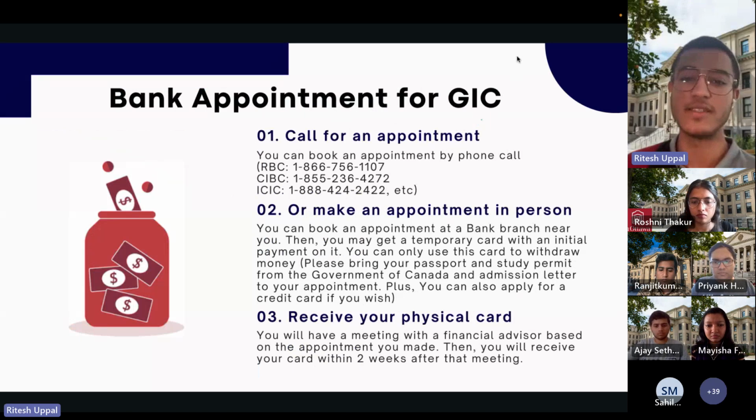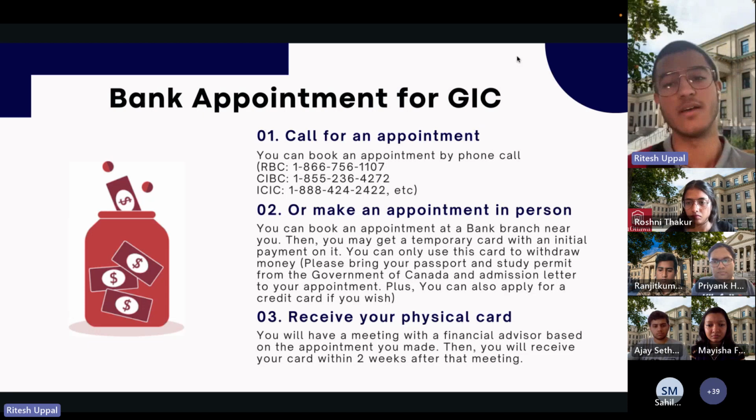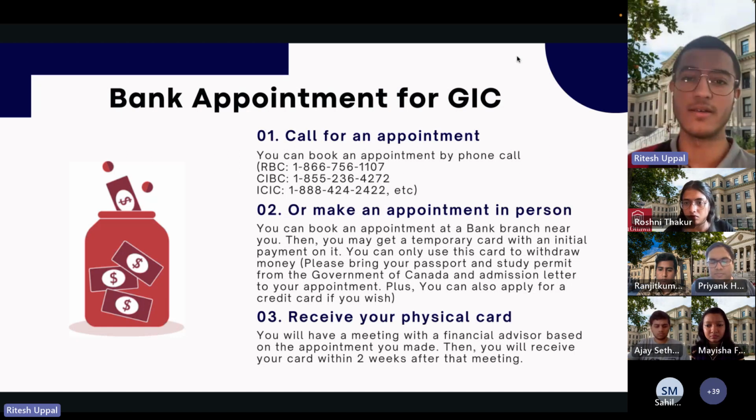Then getting yourself a GIC. Most of the banks, the most popular ones are CIBC, Scotiabank, and some even get it through ICICI Bank, if I'm not wrong. So again, get yourself the appointment. I came here, and I got myself an appointment for the next week immediately.